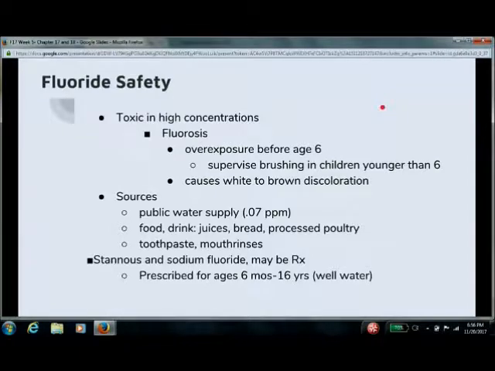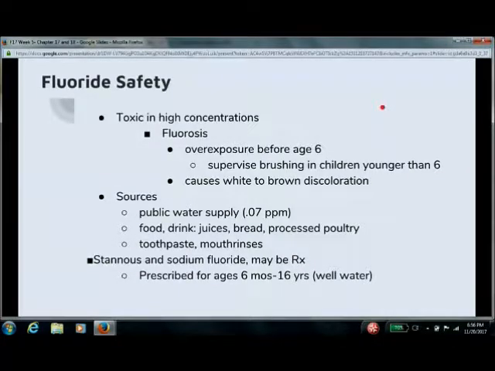Some sources of fluoride are in the water supply, in the food that we eat, in processed meats, processed chicken most commonly, in mouth rinses and toothpastes. Well water may or may not have fluoride in it, so a young person may need to be prescribed it, as well as get it twice a year because they're not getting it in their water.